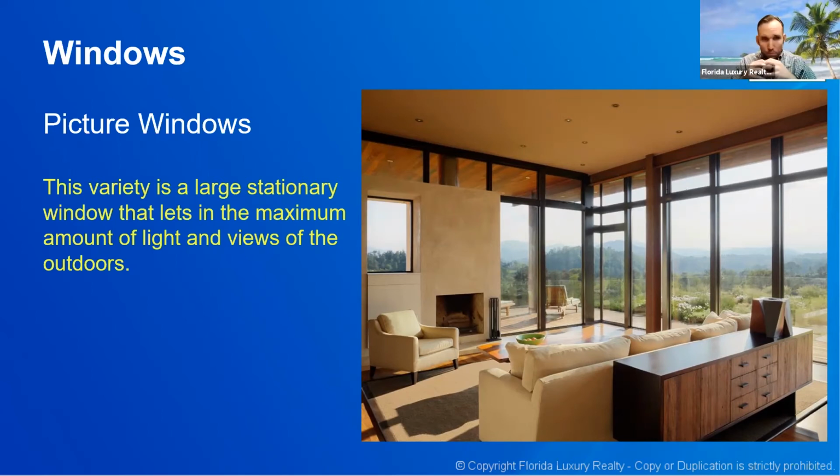So these are very popular in homes that have mountain views, which we don't have in Florida, or beach views or waterfront homes. You may have something like a fireplace in the middle with two huge picture windows on either side that allow you to enjoy that view out. So that's what a picture window is.